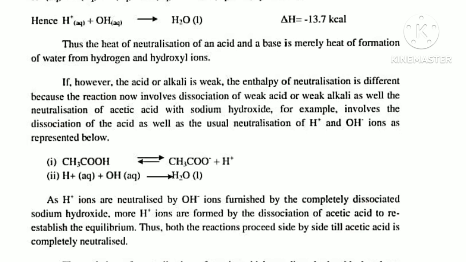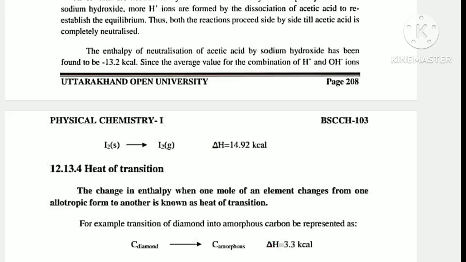As H+ ions are neutralized by OH- furnished by the completely dissociated sodium hydroxide, more H+ ions are formed by the dissociation of acetic acid to re-establish the equilibrium. Thus, both the reactions proceed side by side till acetic acid is completely neutralized. The enthalpy of neutralization of acetic acid by sodium hydroxide has been found to be minus 13.2 kilocalories, since the average value for the combination of H+ and OH- ions.